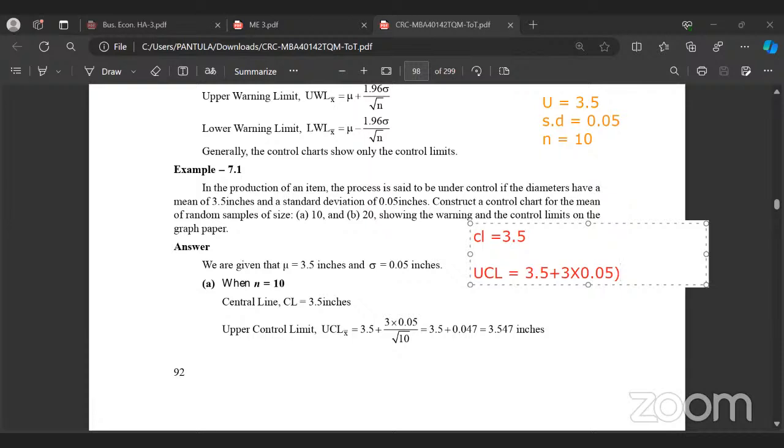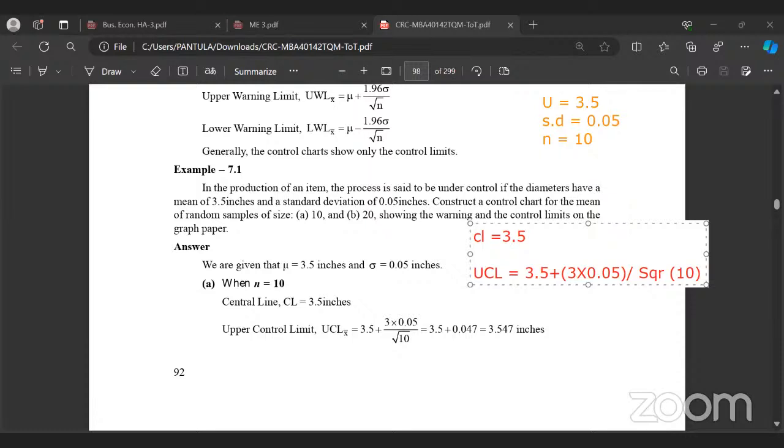I use brackets here so you don't get confused. Divided by the square root of 10. We calculate it and get 0.047, so the upper limit is 3.547 inches.